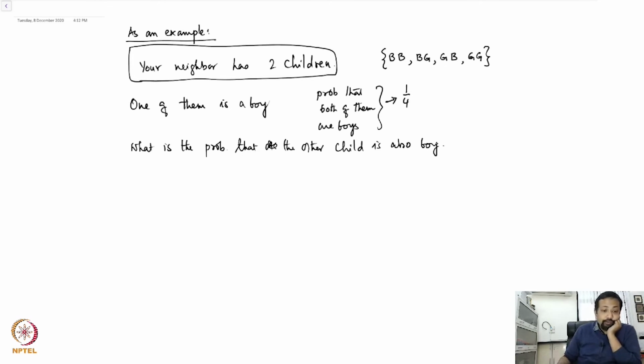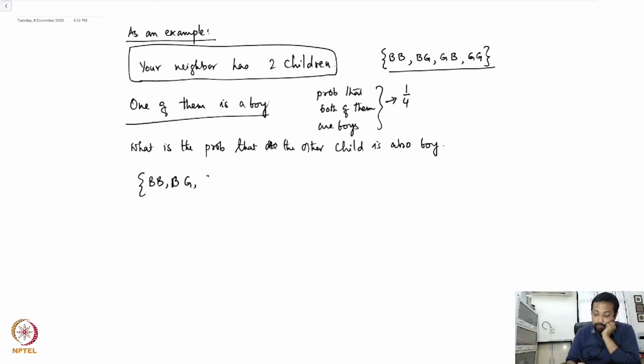So what you are looking for is essentially the probability of BB, right? So when you say that one of them is a boy, then this sample space gets restricted to BB, BG, and GB, right?